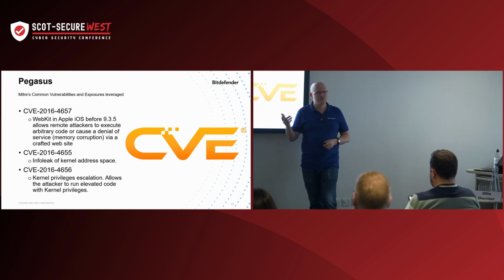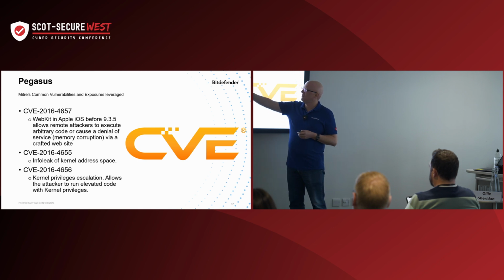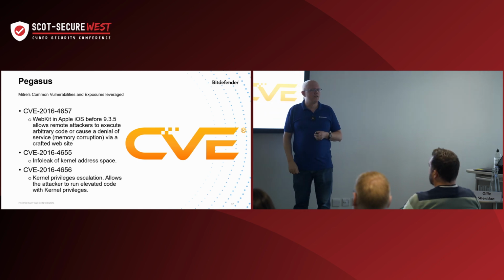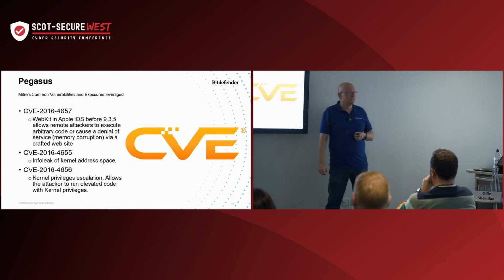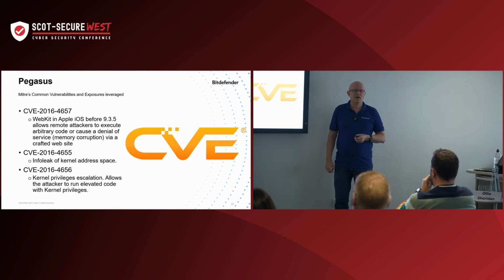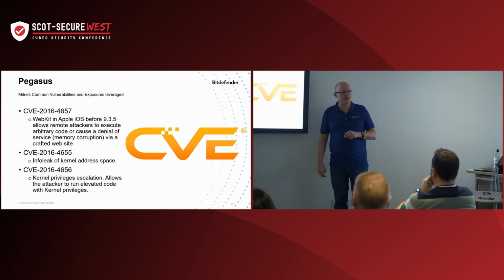So what Pegasus really did was it really took some vulnerabilities which no one knew about and took advantage of them. And what's actually interesting about the NSO group is they are affiliated with, not officially, of course, but they're affiliated with the Israeli government.